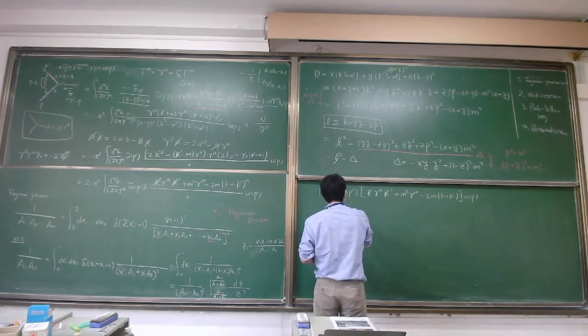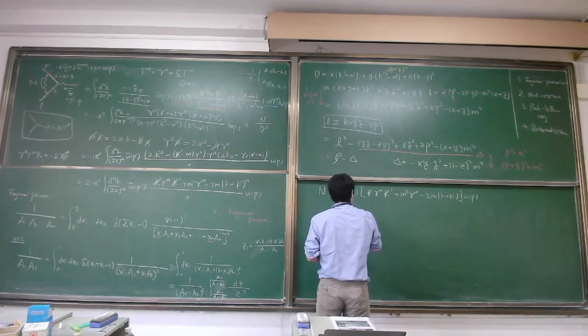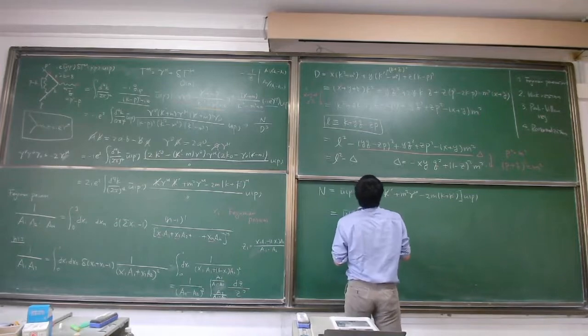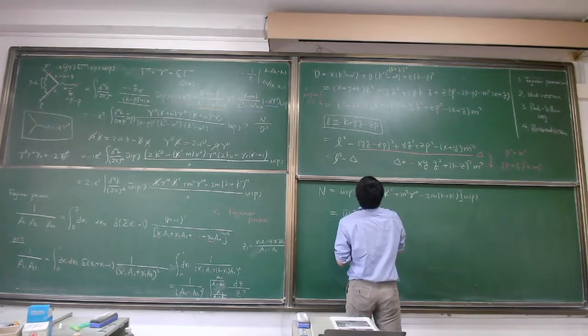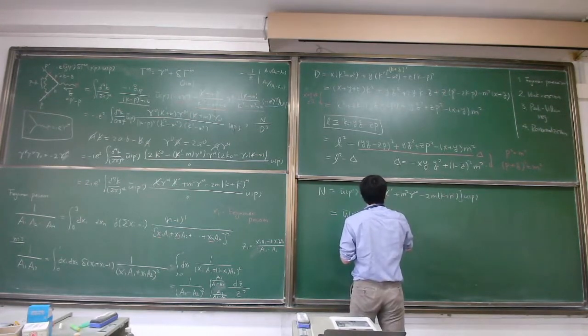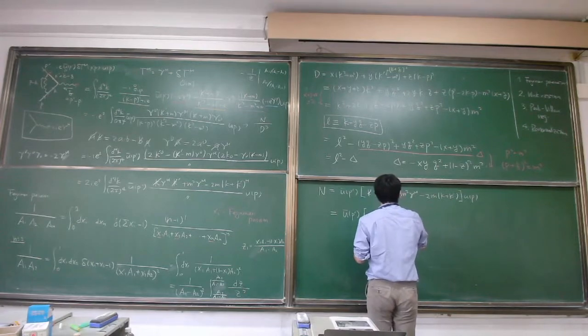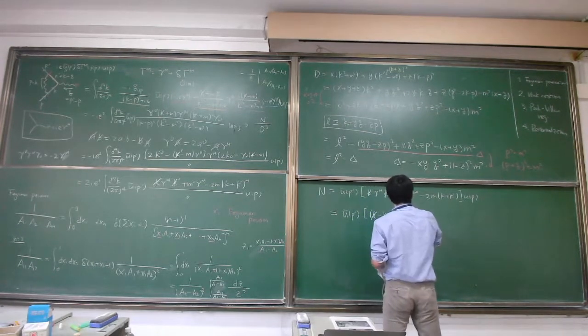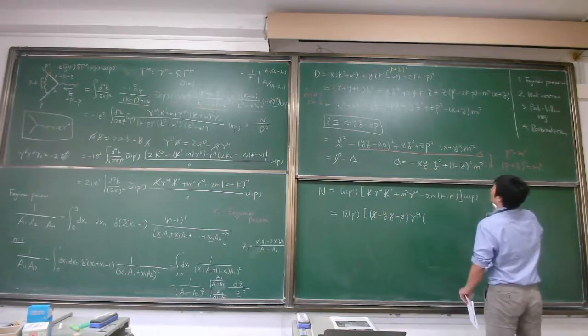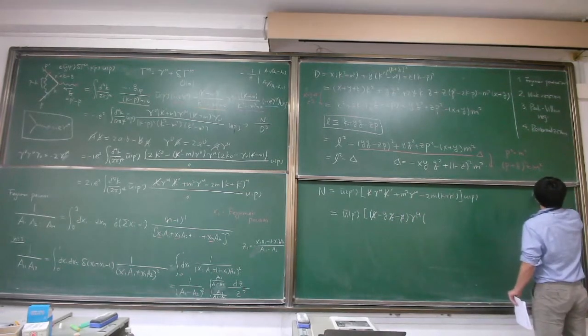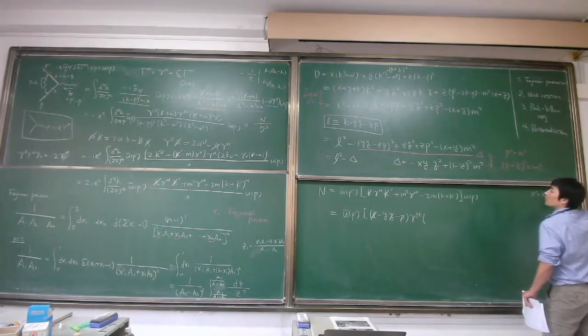To do that, u bar or p prime, and then here what we need to do is that the L slash minus y q slash minus p slash gamma mu, and k prime, as you recall, is equal to k plus q.